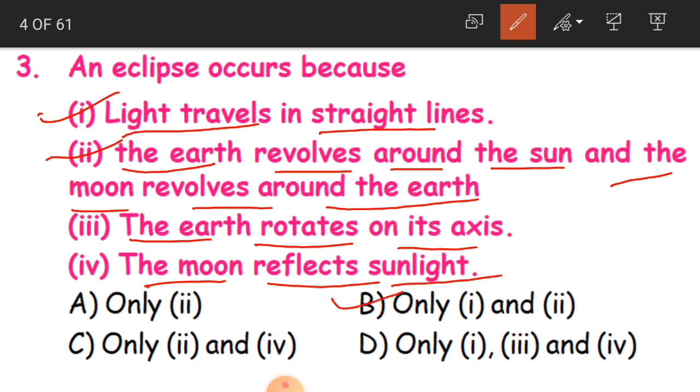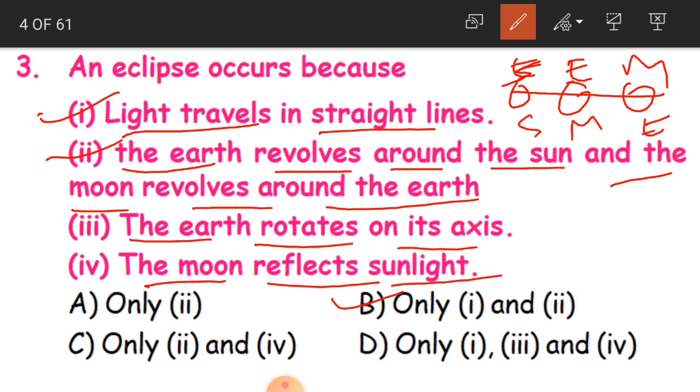When light travels in a straight line between sun, earth and moon, or it can be sun, moon, and earth, when this light is traveling in a straight line, an eclipse is going to occur.